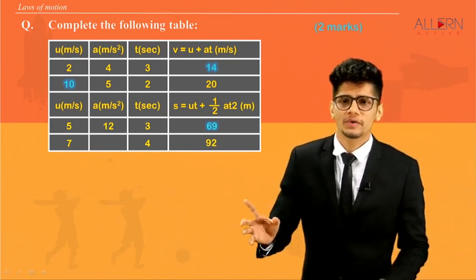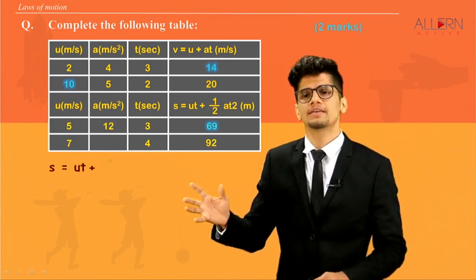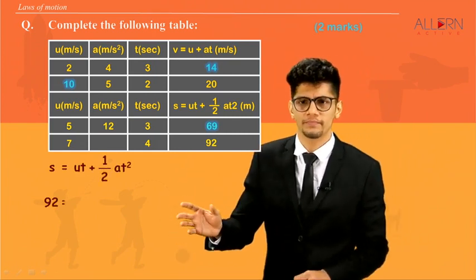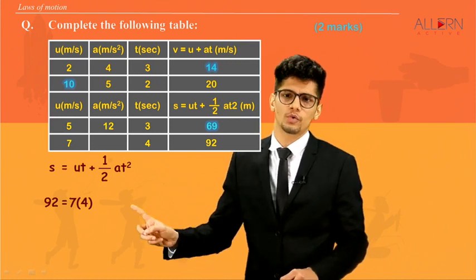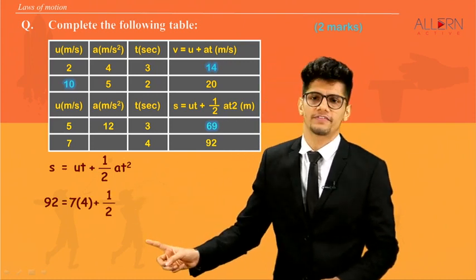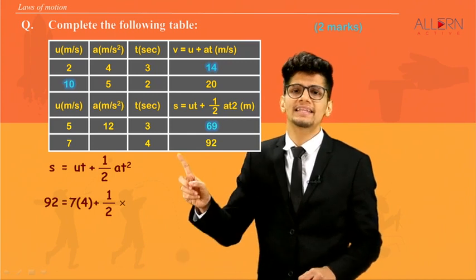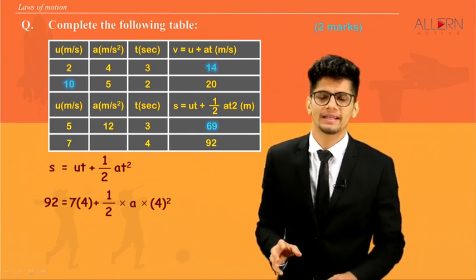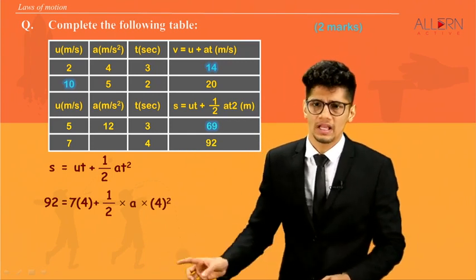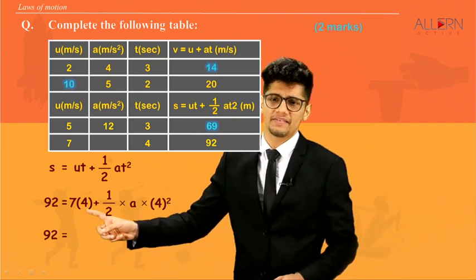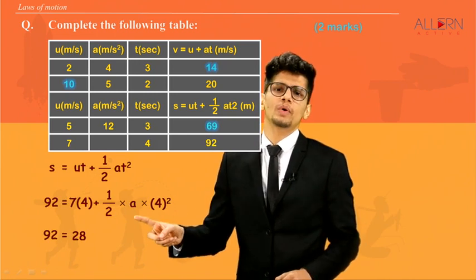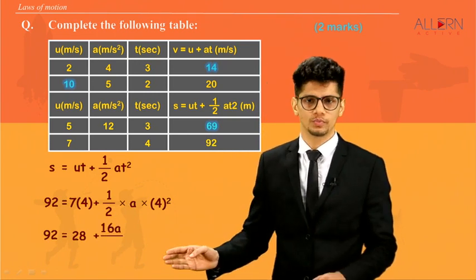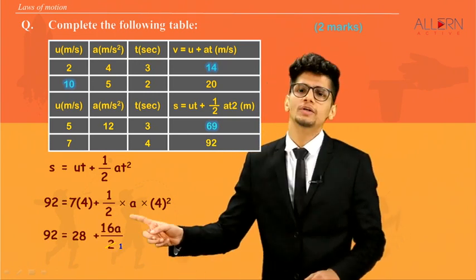Next one. Now here again we write the formula first. S is equal to UT plus half AT square. S is given as 92, U is 7, T is 4, plus half remains half. A we are supposed to find out, and T square is nothing but 4 square, that obviously will come up to 16. Now 92 remains as it is, 7 4s is 28. A into 1 is A, 16 into A becomes 16A upon 2. So 2 1s are 2 and 2 8s are 16.